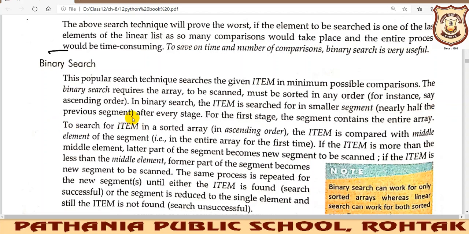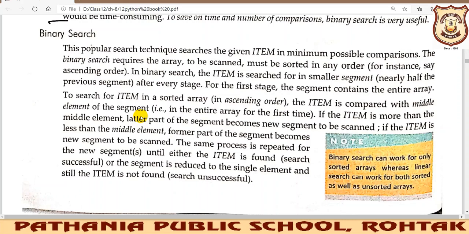So the first condition to use binary search is that there must be a sorted array. This is the difference between binary search and linear search. Binary search can work only for sorted arrays, while linear search can work for both sorted as well as unsorted arrays.